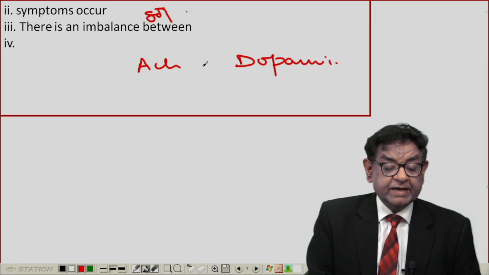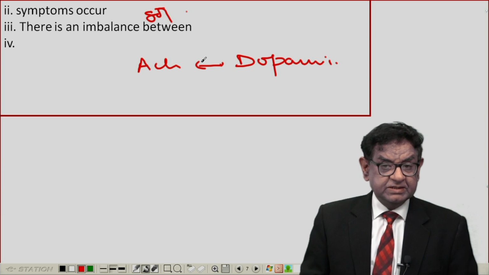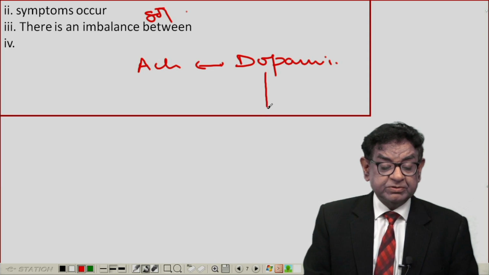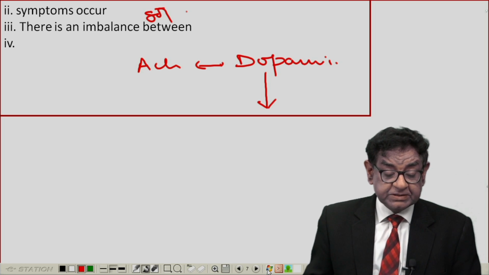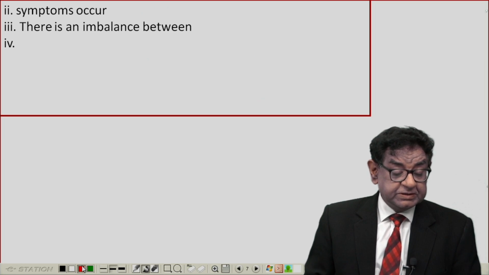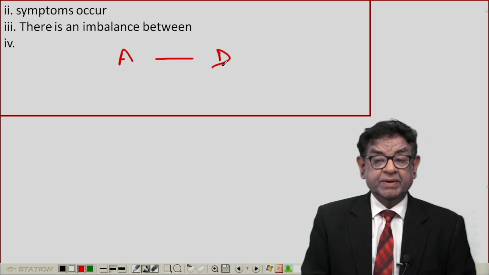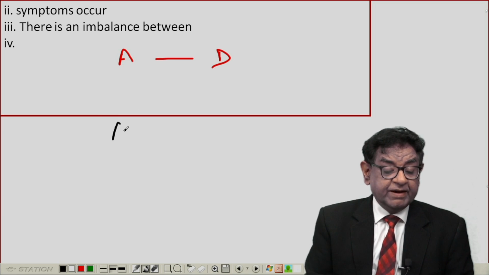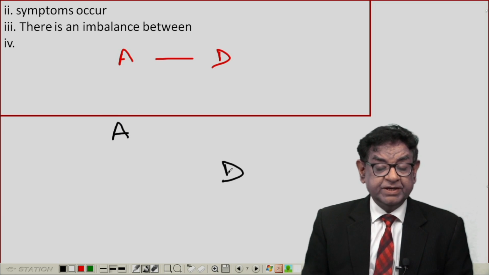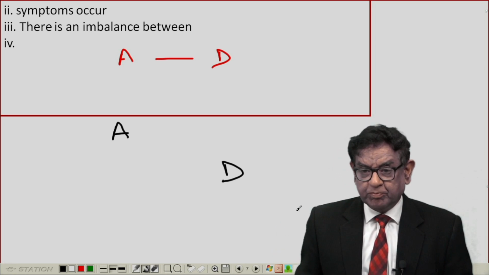Normally they are in balance, and in this disease, the dopamine level is reduced. I can write this like so: A is acetylcholine and D is dopamine. Normally they are in balance, but in this disease, the A level is high and the dopamine level is reduced. So there is a mismatch between acetylcholine and dopamine.